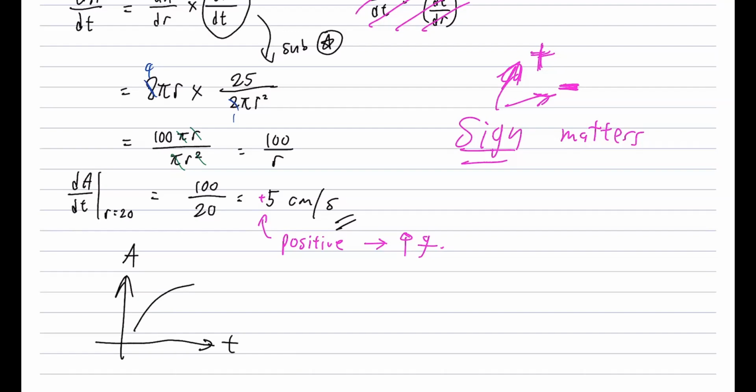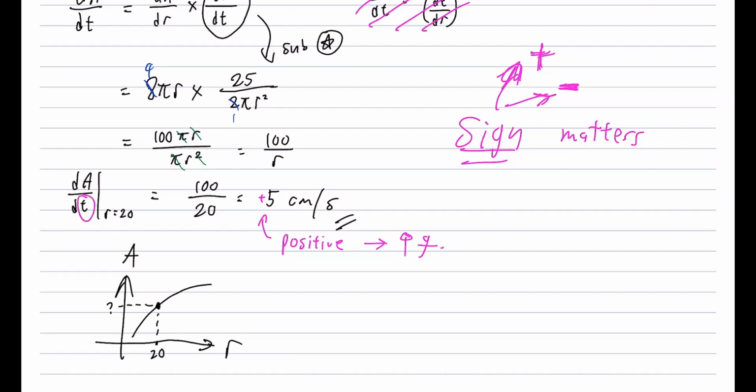Something like that. Maybe the x-axis is more like r. I think it makes more sense if it's r. So when r is 20 here, there's a certain area. Then you can draw a tangent line here. The tangent is not with respect to r anymore, it's with respect to t.